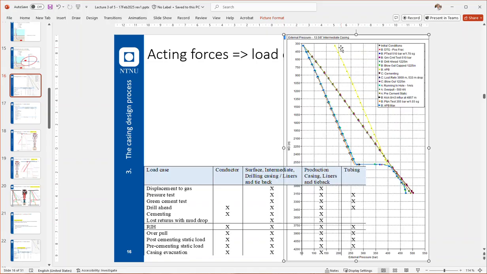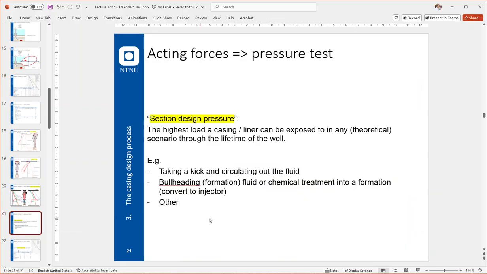So a pressure test will have to go on the outside of the yellow curve for an external pressure, and if these loads were internal, it needs to also exceed the internal pressures, if you see what I mean. It has to be the absolute highest load that the pipe sees through its life cycle.